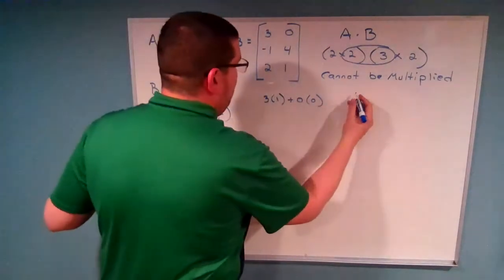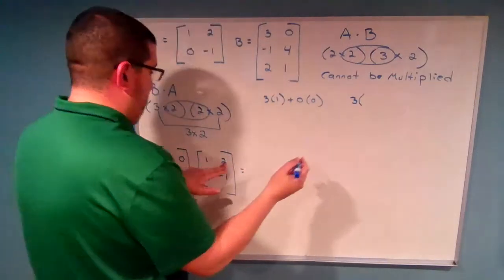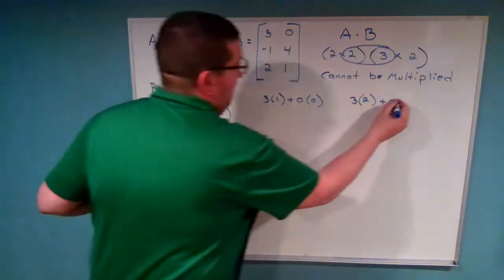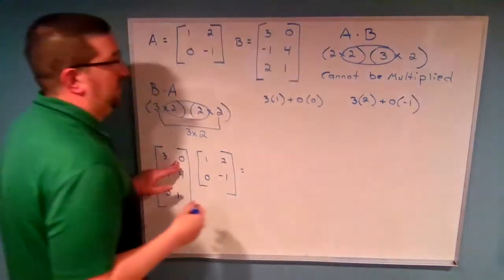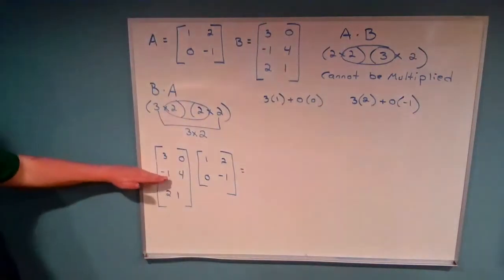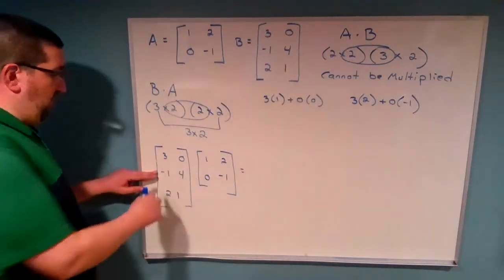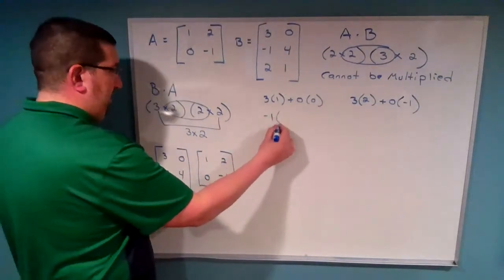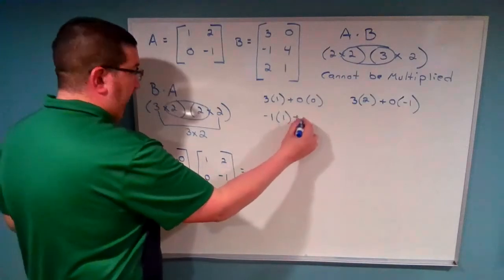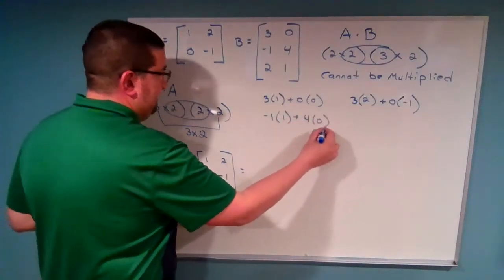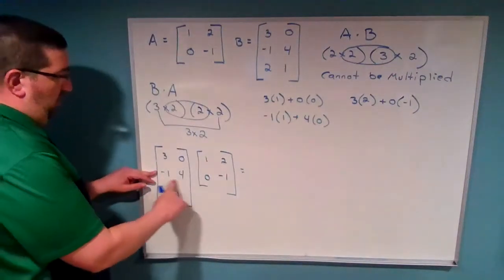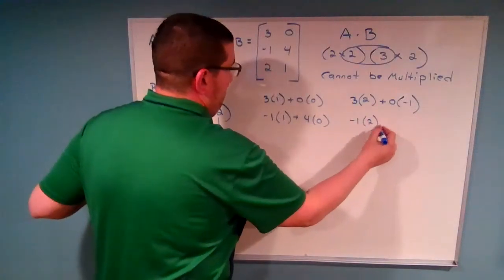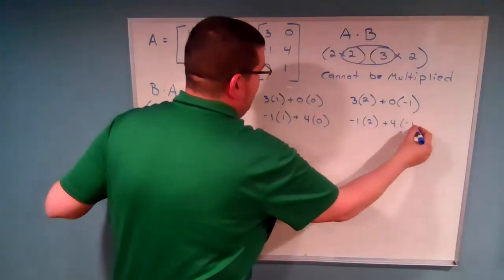So that's going to be 3 times 2 plus 0 times -1. Now we move on to our second row, our middle row over here. So row 2 times column 1 is going to be -1 times 1 plus 4 times 0. And then row 2 times column 2 is -1 times 2 plus 4 times -1.